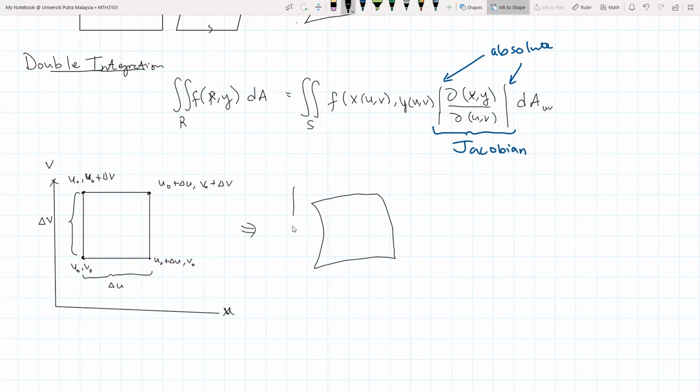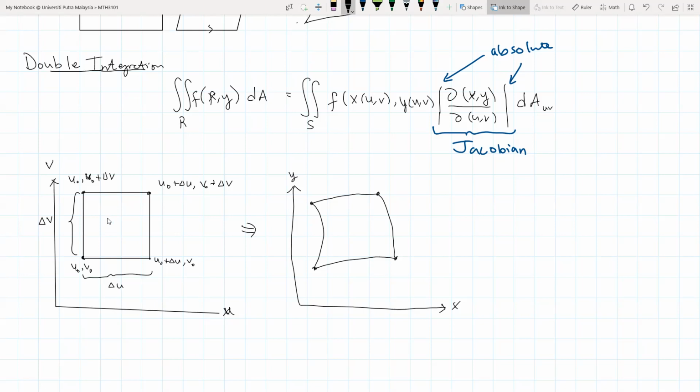Okay, so this is on XY direction, XY space. Meaning that it's no longer a rectangle. So how do I approach this? I need a scaling factor.